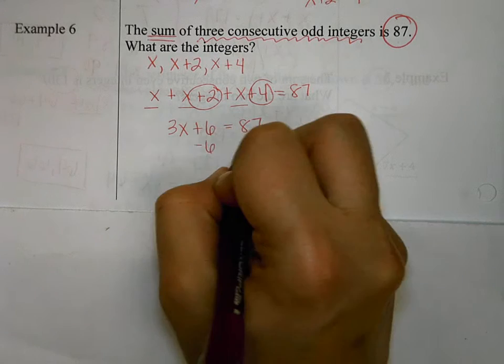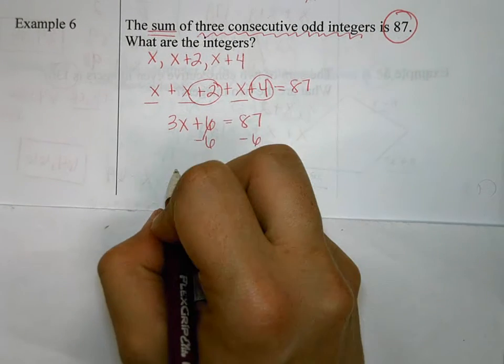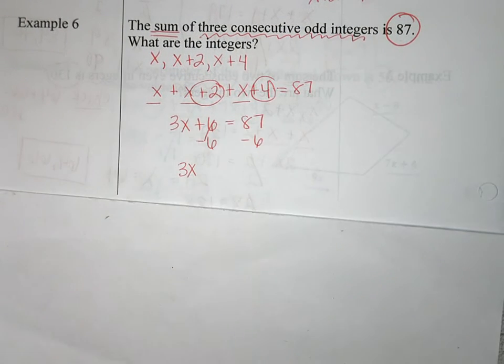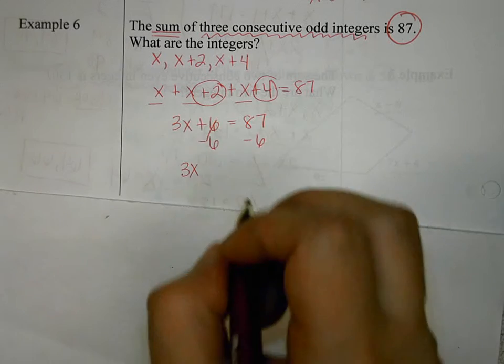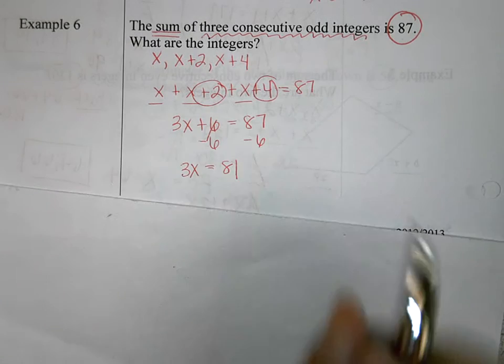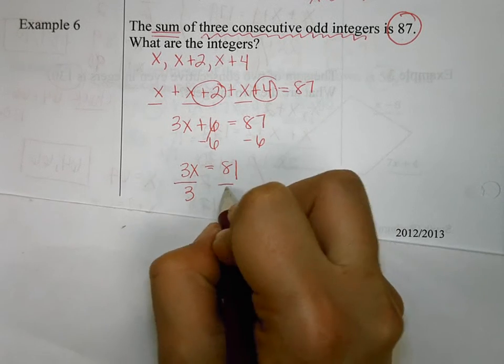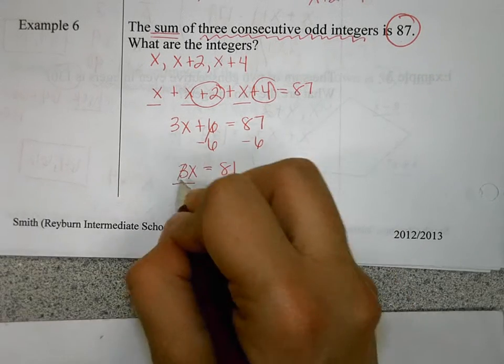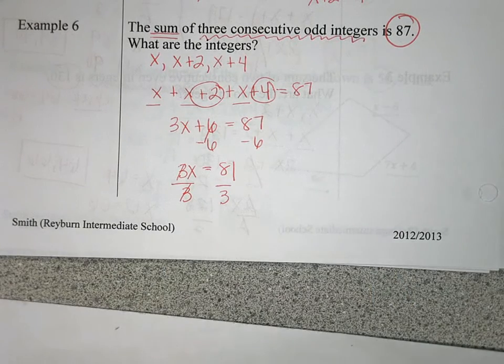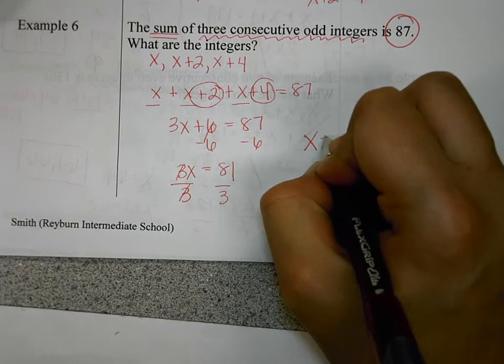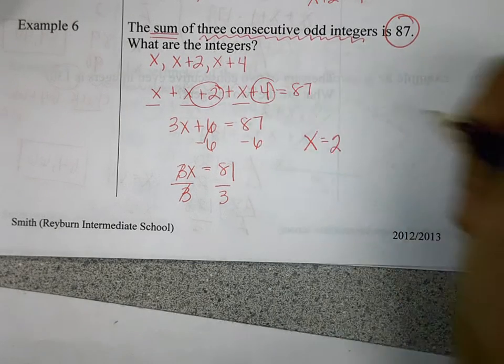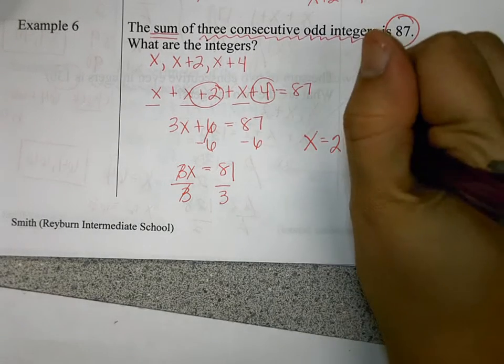Subtract 6 from both sides, and that gives me 3x equals 81. Divide both sides by 3, and I get x equals 27.